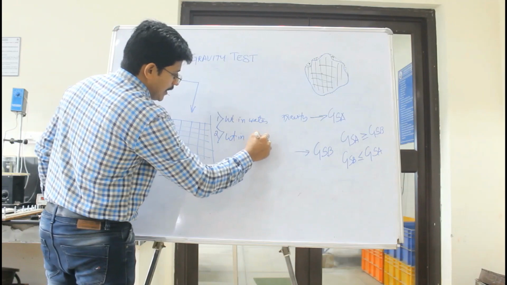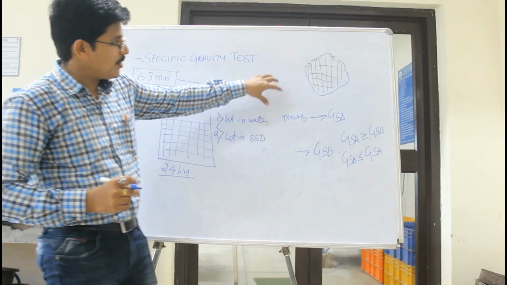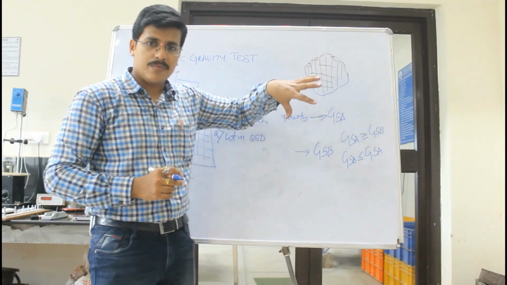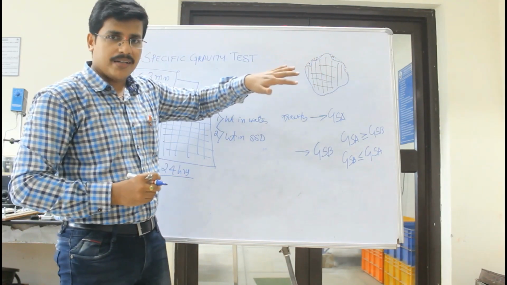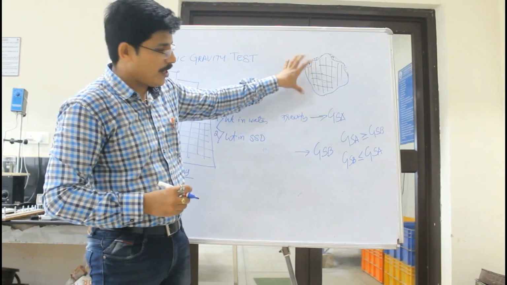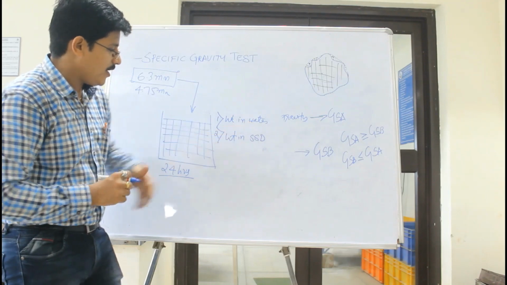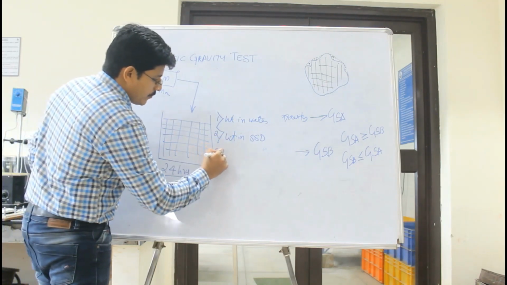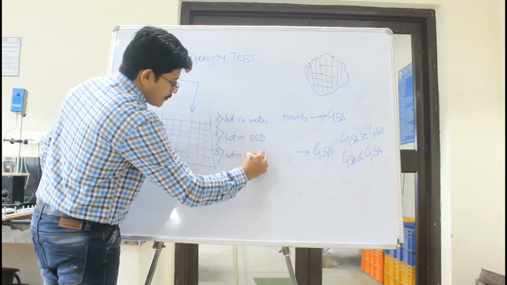Then we find the weight in SSD condition. SSD means saturated surface dry. This means the water on the aggregates won't be dripping, but they are still wet. We find the SSD weight, and then we find the weight in oven dry condition.